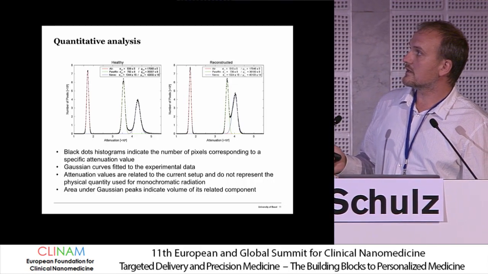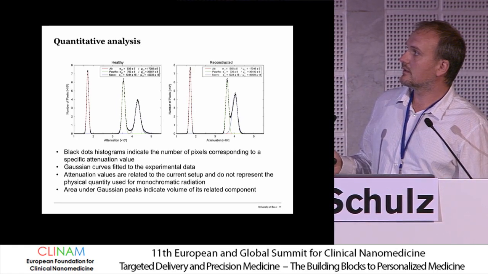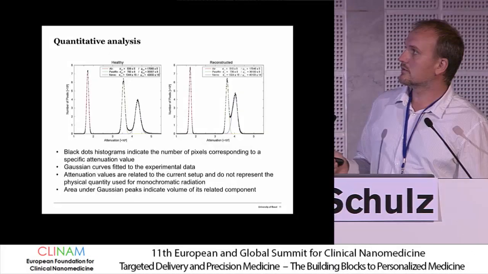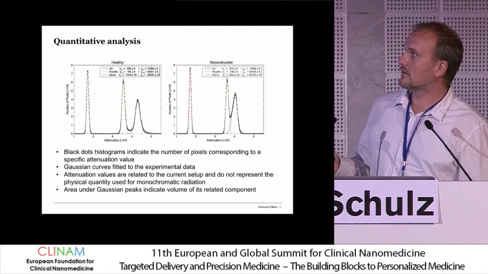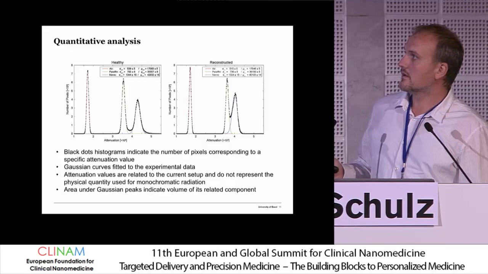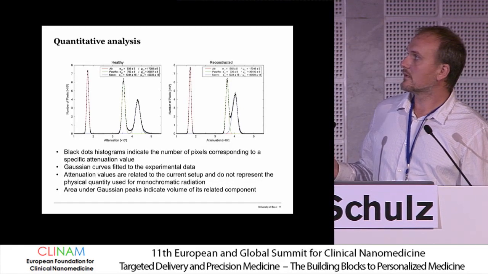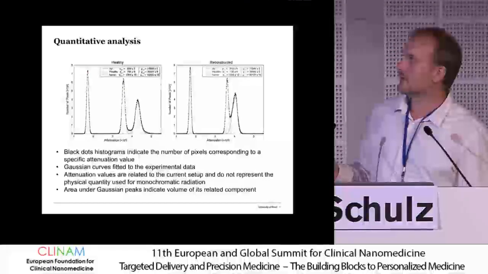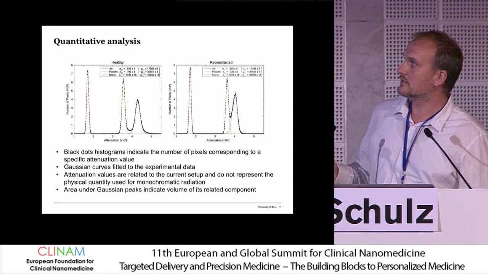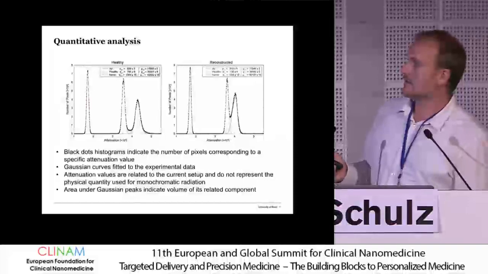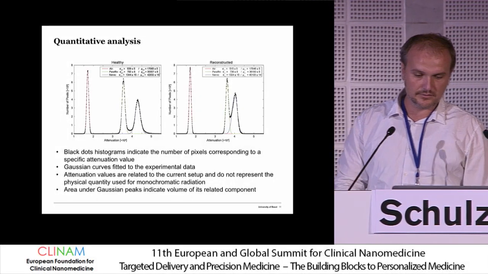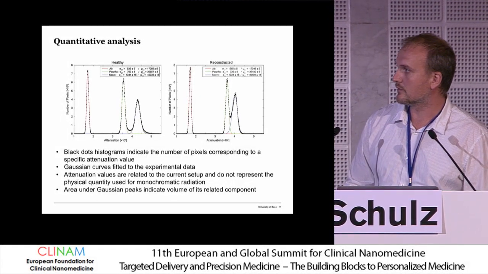So the first peak is air, the second peak is the paraffin, and then this peak corresponds to the nerve tissue. What you see here on the left-hand side, again, the healthy and the reconstructed nerve, is that the attenuation values of the reconstructed nerve are shifted to the left. So you immediately see, by looking at the attenuation values, which one is the reconstructed nerve.